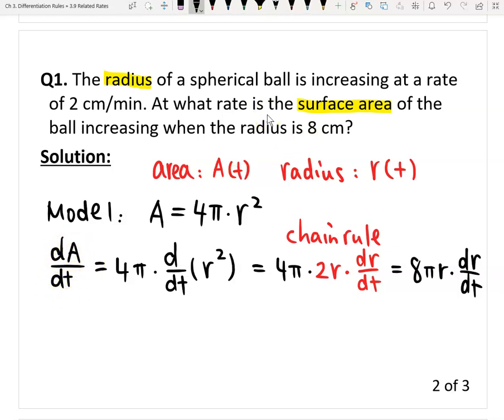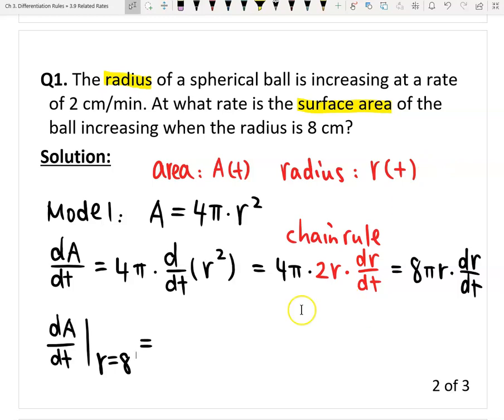So let's move to the third step, which is go to the question, dA/dt, right? And of course, I put a bar because they ask the rate of the surface area. Okay, when the radius is 8, which means what? Which means at r equals 8 centimeters, we need to solve this rate.